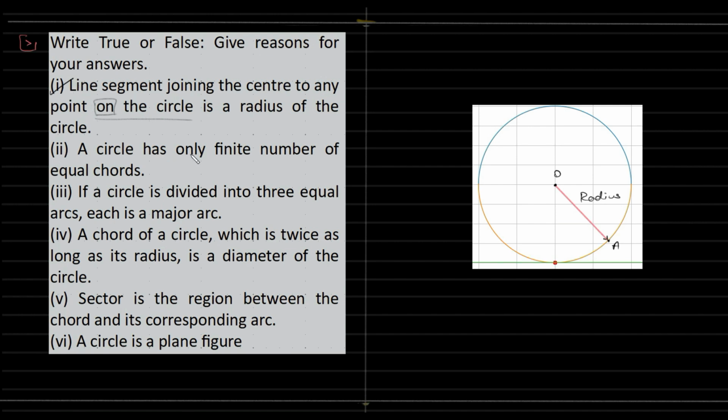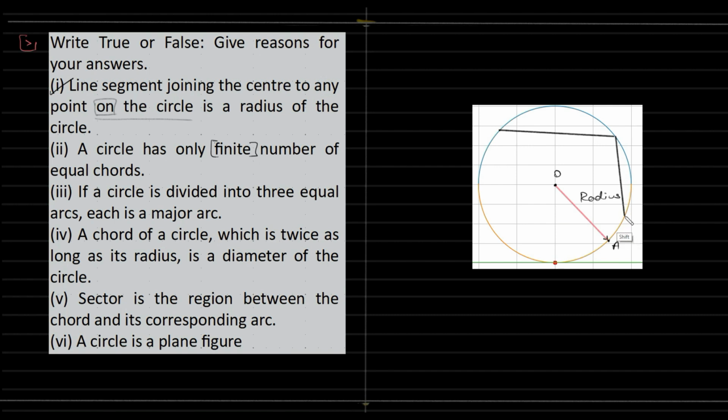A circle has only finite number of equal chords. The word finite means it has an end to the count. But the idea of a circle is that it has infinite points. So we have, say, a chord which starts from one end of the circle to the other end. How many chords can I draw which are of equal length?